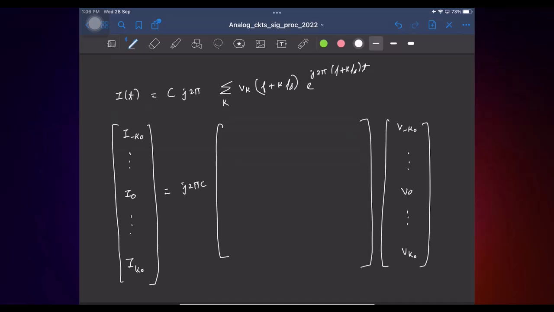And first of all, this is a constant capacitor, it's not time varying. So if I apply a voltage at a frequency f, what are the frequency components I can get at the output?